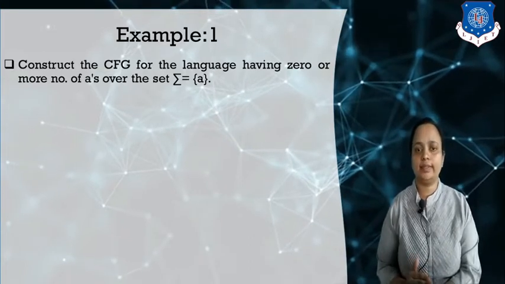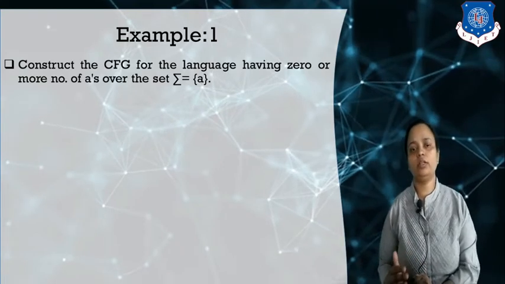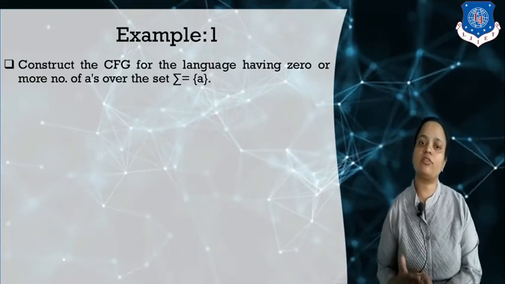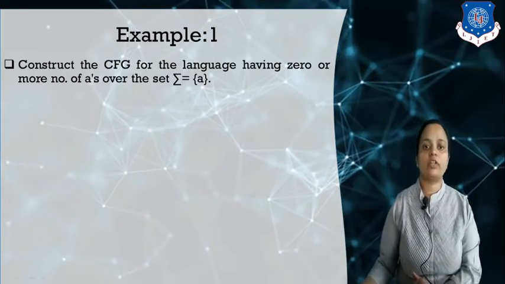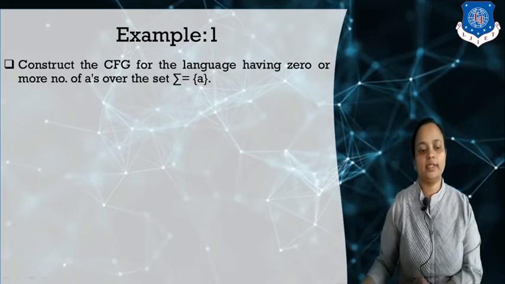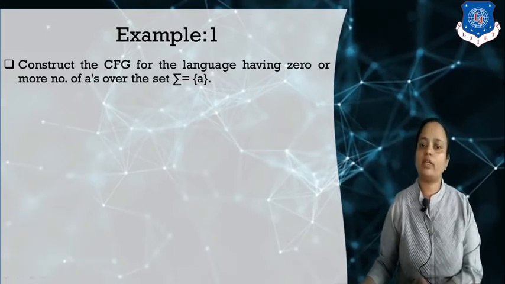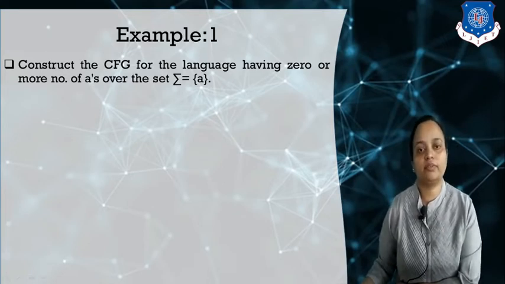After analyzing this, you can convert the set of strings into a grammar, because a grammar is generally used to generate the set of strings. So how can we convert this given language into a context-free grammar?